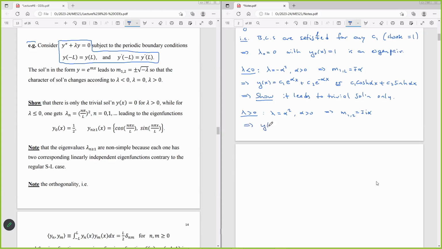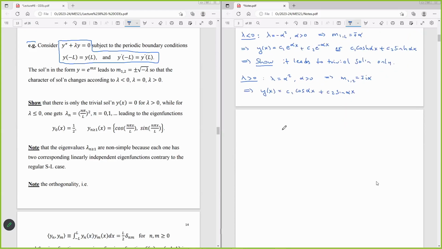So your solution is C1 cosine alpha x plus C2 sine alpha x. I'm going to give you a break if you just let me finish this example, okay?